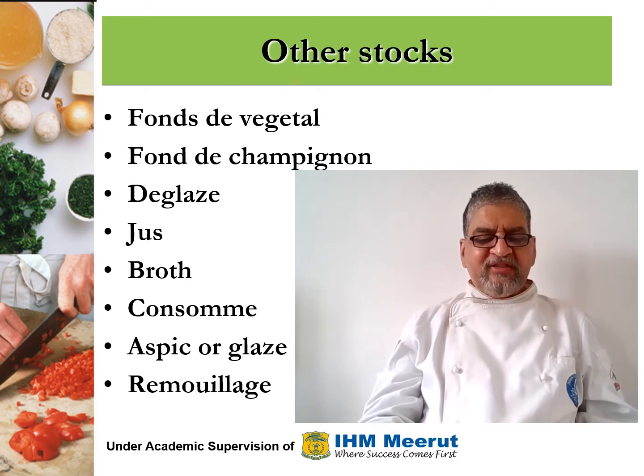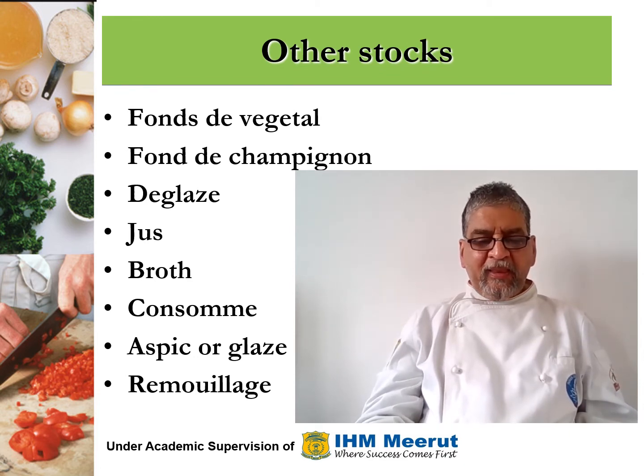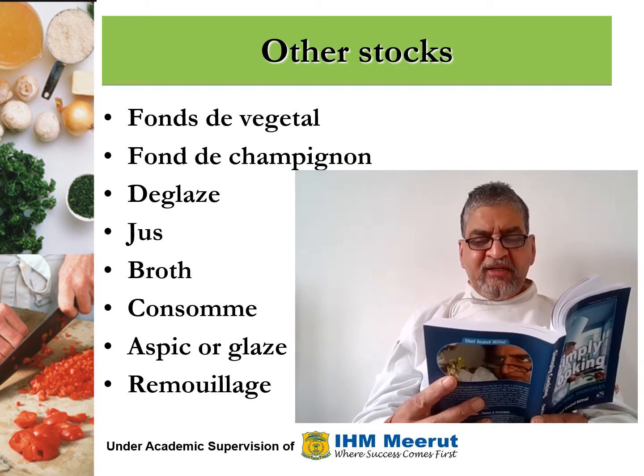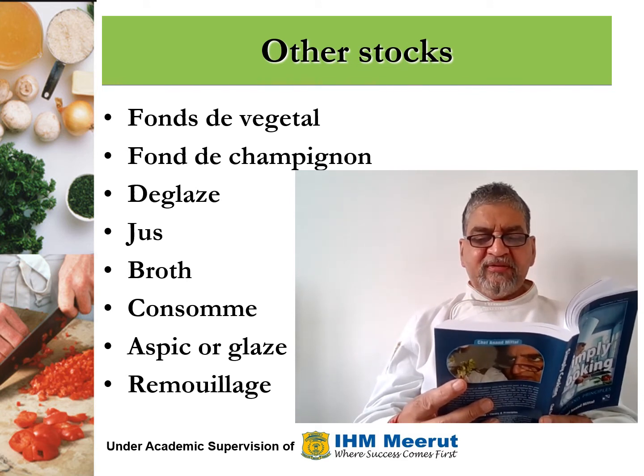Next type of stock is aspic or glaze, known as glace in French. Aspic or glaze. When a consommé is reduced to 50% by slow simmering, there is an increase in its gelatin content and flavor.